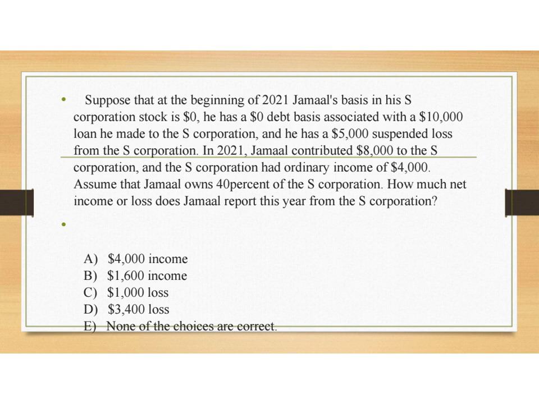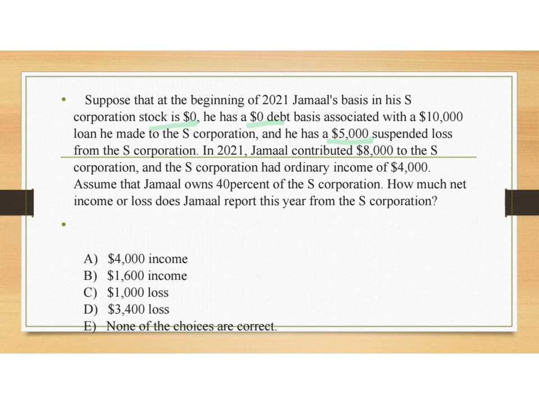All right, so now we're back to Jamal. So let's see what Jamal's got going on now. Now we've got a stock basis of 0. He also has a 0 debt basis, okay? And he has a $5,000 suspended loss, okay?